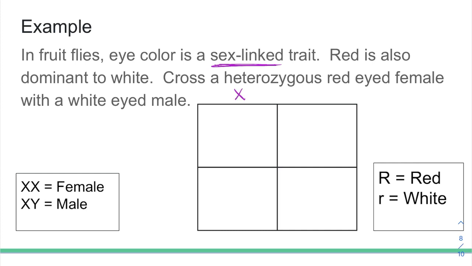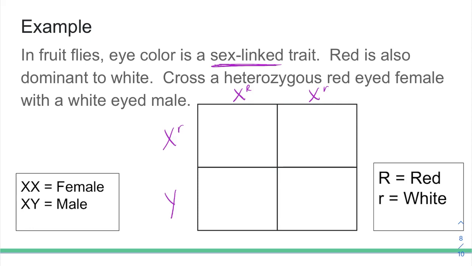So she's female, so she's going to have XX, and she's heterozygous for red eyes, so she's going to have a big R and a little r. With a white-eyed male. So male is going to be XY, and he has white eyes because he has the recessive for eye color, which is little r.